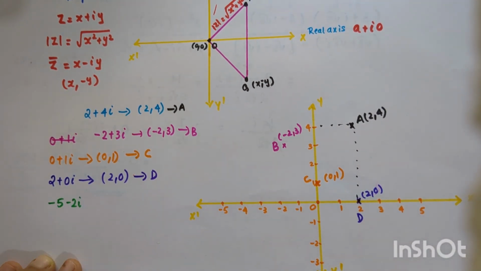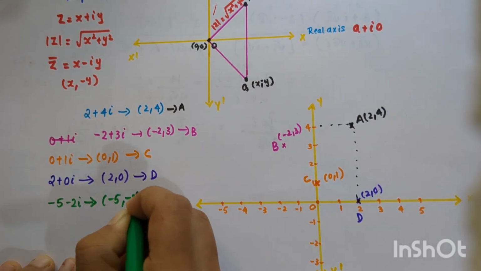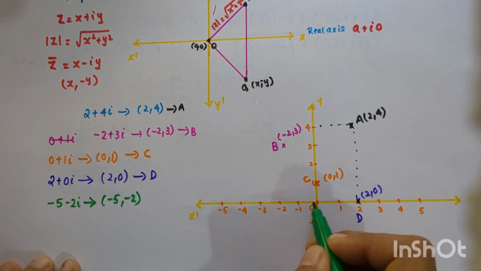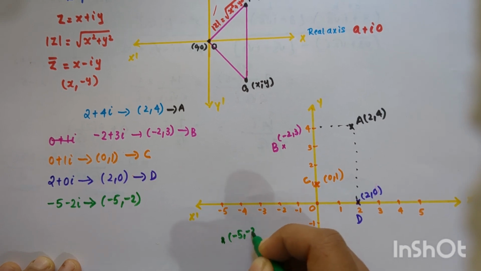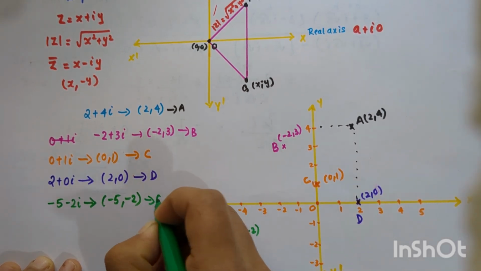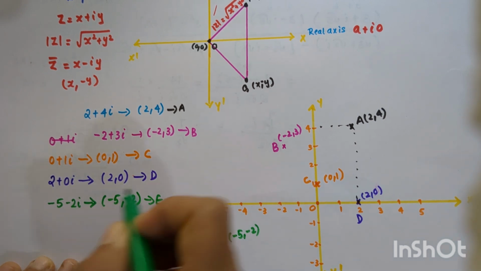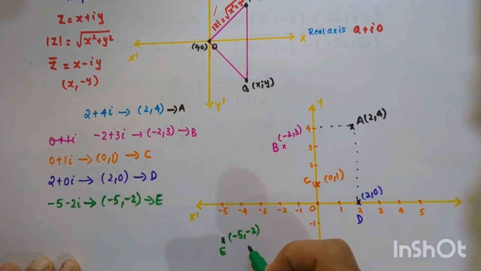This complex number corresponds to the ordered pair minus 5, minus 2. So minus 5 units on the x-axis, minus 2 units on the y-axis. So the point will be somewhere here. This point corresponds to the ordered pair minus 5, minus 2. I am naming this point as E. So this complex number minus 5 minus 2i is represented geometrically by this point E.